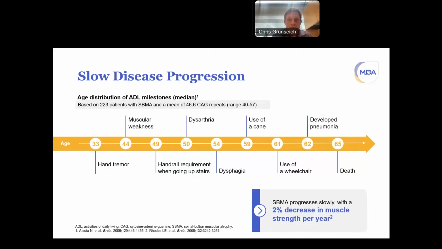Patients can go on to be dependent on handrails and other mobility assistive devices, and sometimes several years after the onset of muscle weakness, patients can have dysarthria and then dysphagia. Though I will say that this particular pattern can fluctuate and be dependent on the patient's pattern of weakness and whether or not that patient has predominantly more bulbar onset compared to limb onset. But patients can go on to use devices such as canes and wheelchairs for their mobility. And it's really important, as we mentioned, to be aware of the choking risk because this can predispose to pneumonia and hospitalization. Next slide.